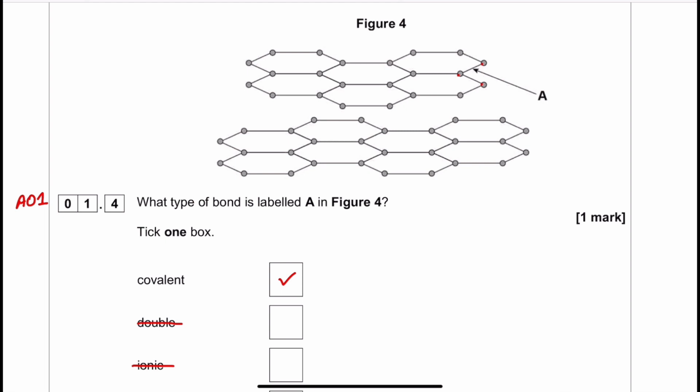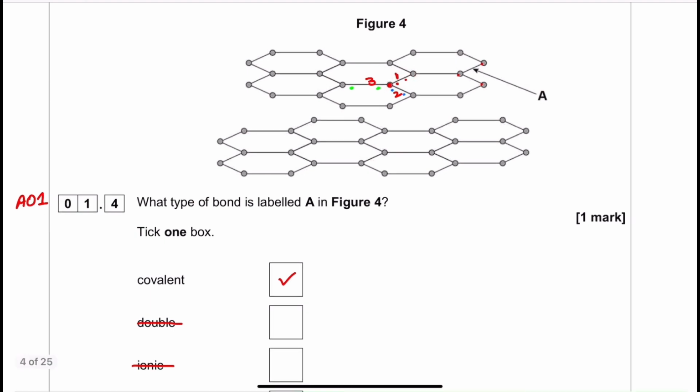If I use this carbon atom, it makes one bond here, a second bond here, a third bond here. Each carbon atom is sharing one electron with the other one. So the one line means a single covalent bond.